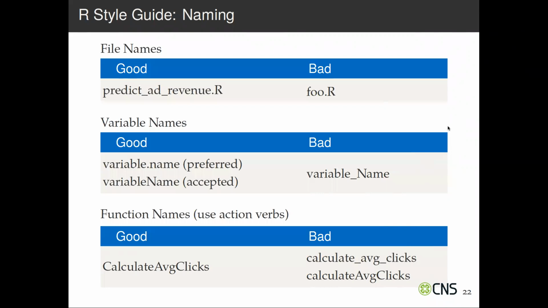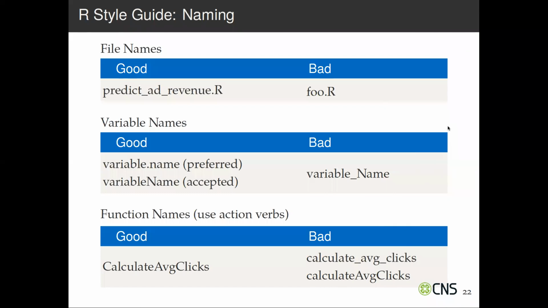When you create variables, there are preferred versus accepted names. For instance, all lowercase with a dot is preferred, like variable.name, or you can have a variable with a capital for the second word, like variableName. Let me see, how many of you use dots a lot in variable names, like my.file? Good, two people.